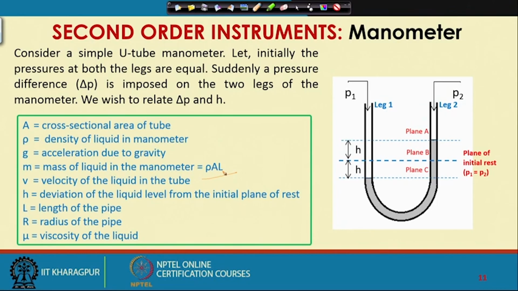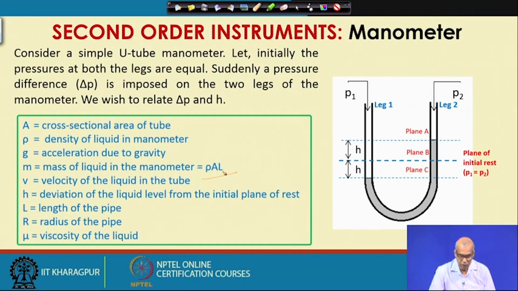So you multiply volume with density, so you get the mass of liquid in the manometer. V is velocity of the liquid in the tube, h is deviation of the liquid level from the initial plane of rest, L is length of the pipe, R is radius of the pipe or the U tube, and mu is viscosity of the manometer liquid.